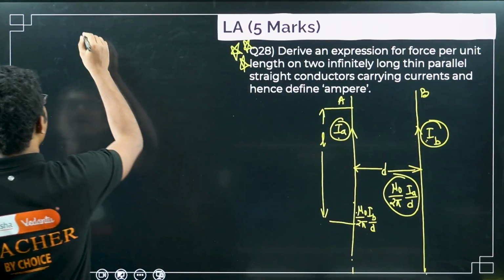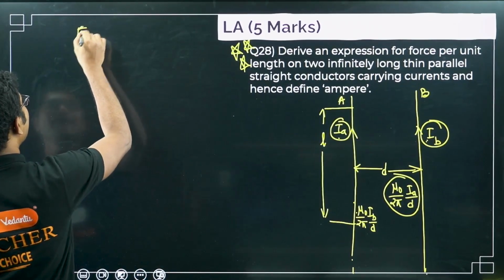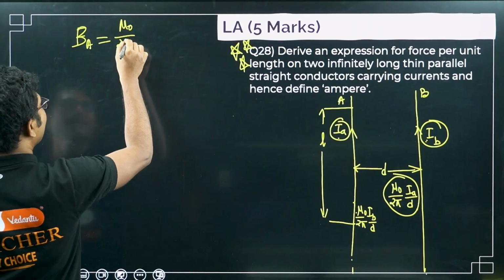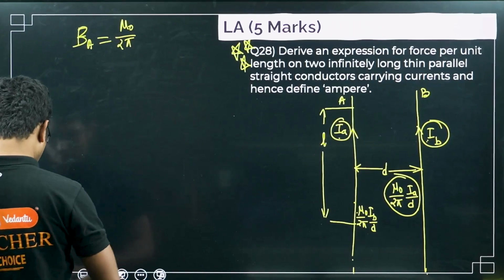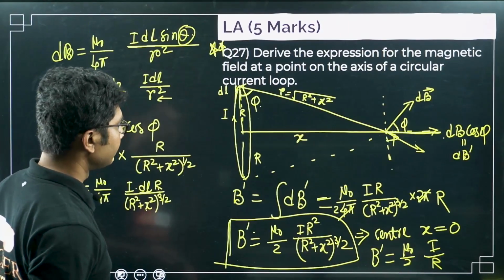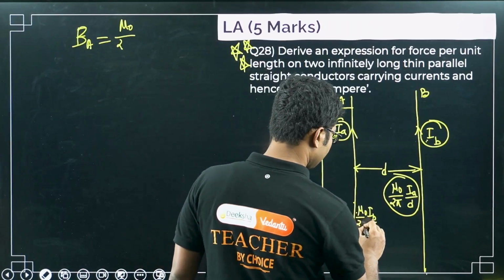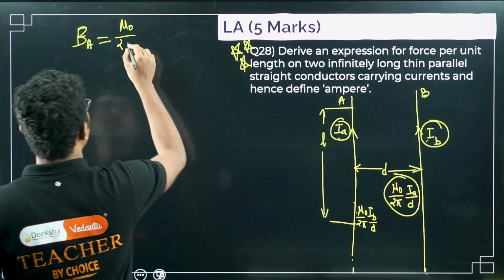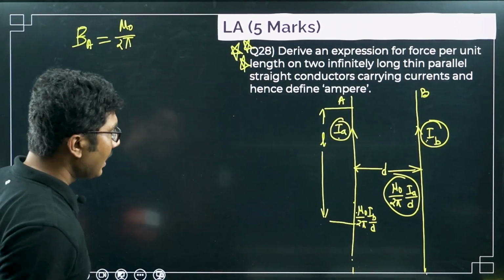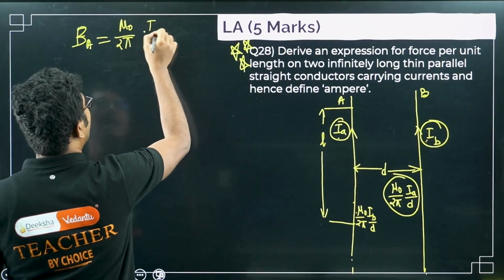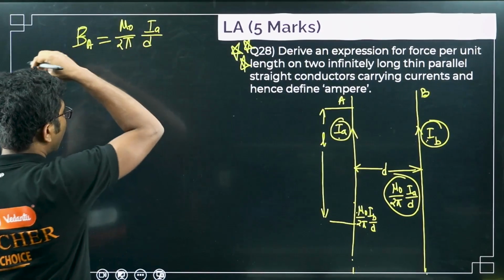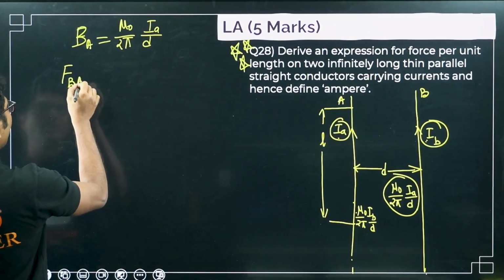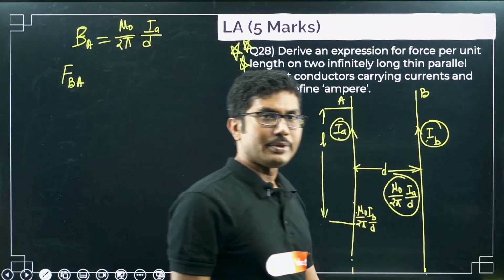So now the magnetic field due to current A is given by mu naught by 2 pi, IA by D. Okay, so what is the force acting on B due to A?